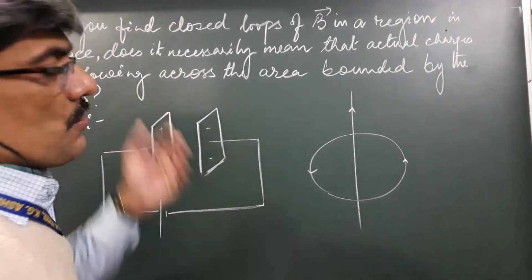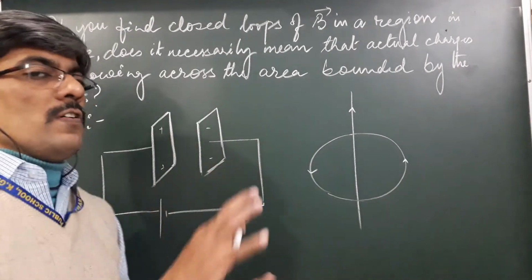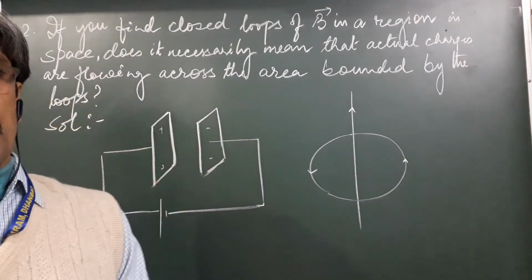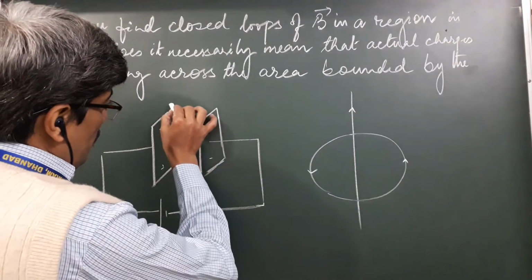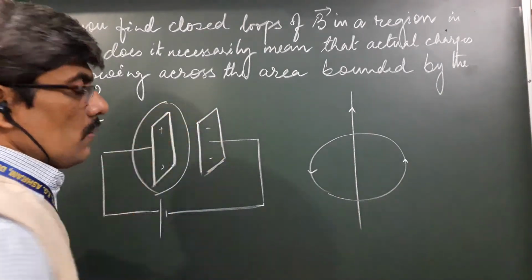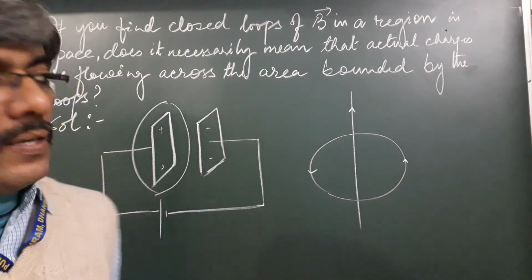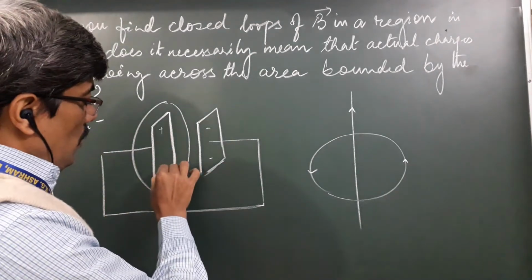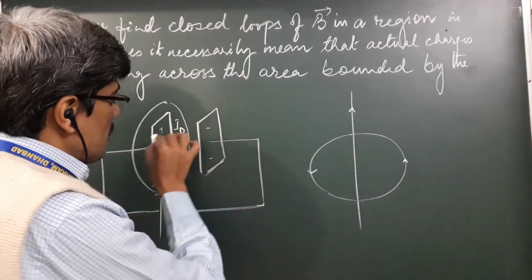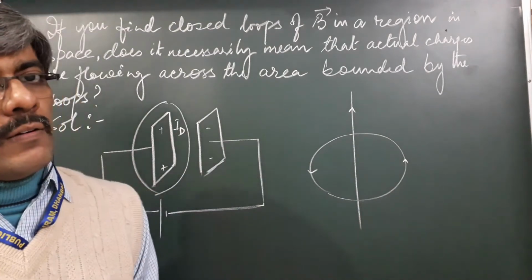As the capacitor gets charged, the electric field increases, and the reverse happens when it gets discharged. So during that process of charging and discharging, if you consider a closed loop, there is a generation of magnetic field inside. This is due to a current which is called displacement current, which is supposed to be existent only in regions of varying electric field.